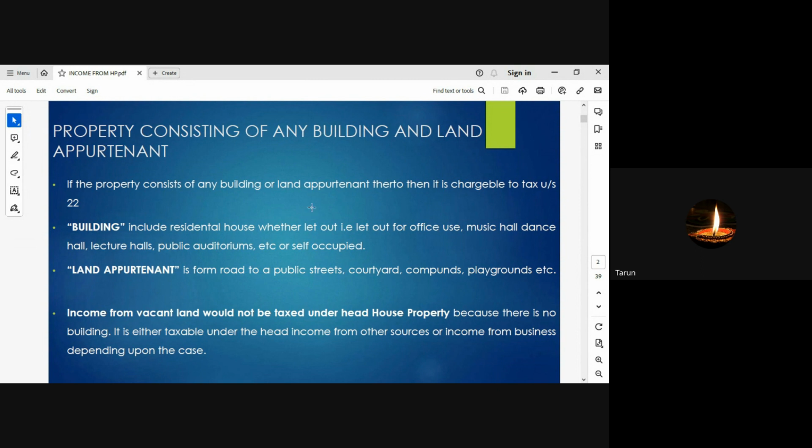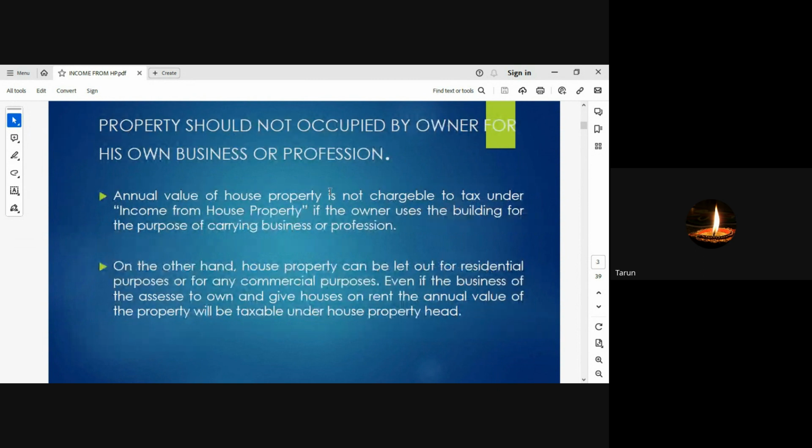Let's talk about the different perspectives and the particular terms used in the estimations while calculating the income from house property. The property should not be occupied by the owner for his own business or profession.